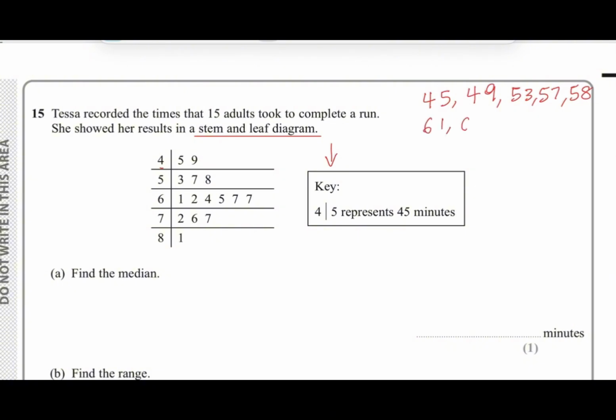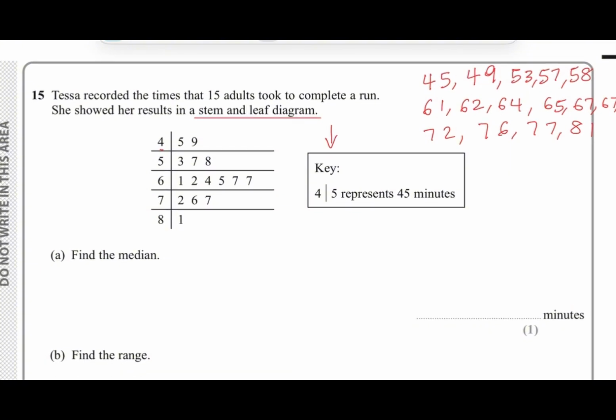But this is how it will look if you were to write out all the numbers. So this is the whole point of the diagram, once again, just to put all the numbers in a table so it's easier to read and interpret.